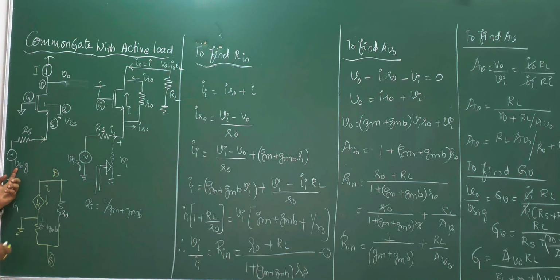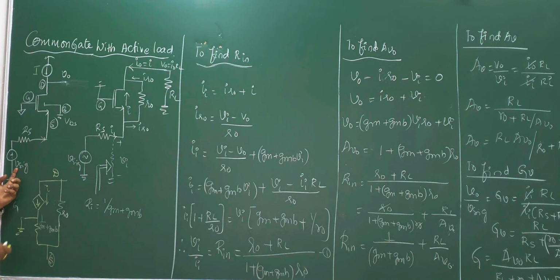When RL is equal to R0, I can write 2 R0 divided by 1 plus (Gm plus Gmb) into R0. The equation can be written in another form.